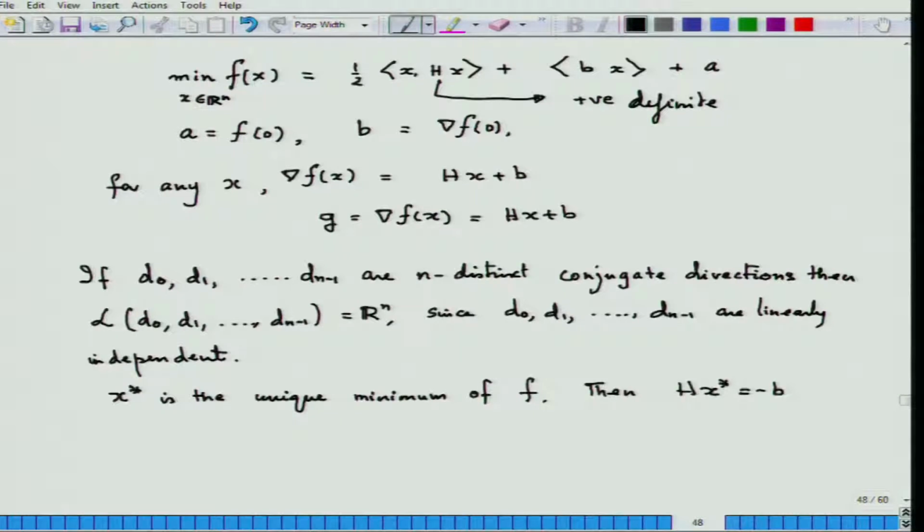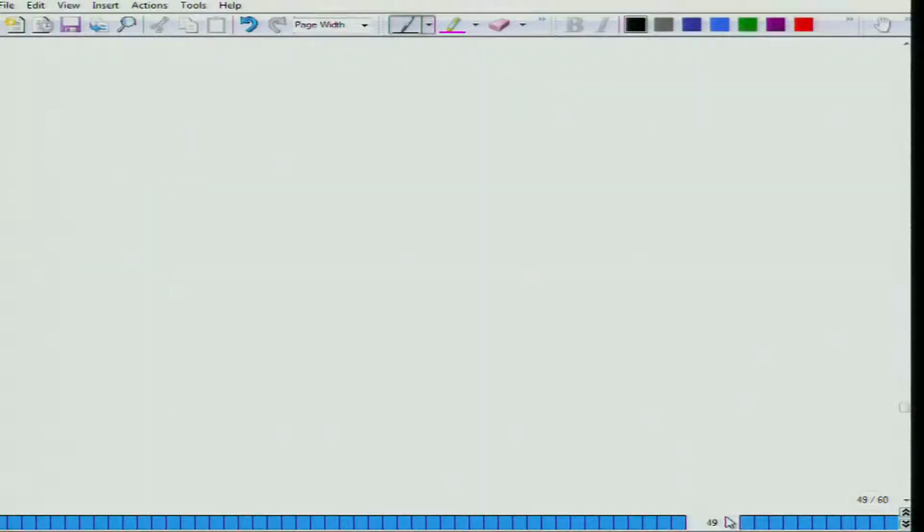But whatever, x star is an element of R n, and we can always write x star as a summation, where alpha i are some scalars, some real numbers. Now, let us do one thing: look at the inner product for any k among this d1, d2, dk.